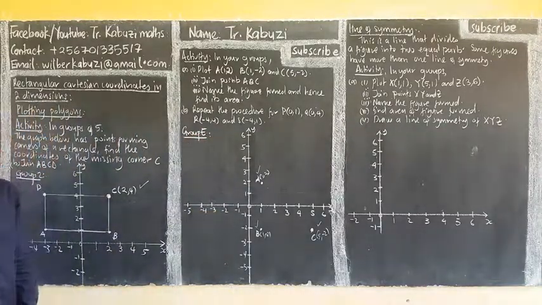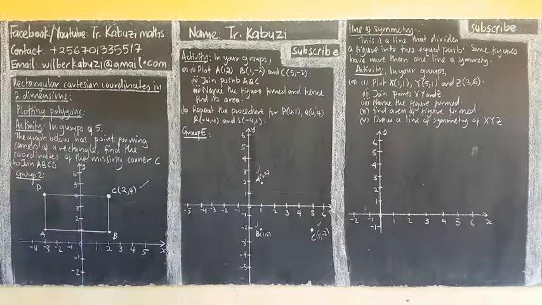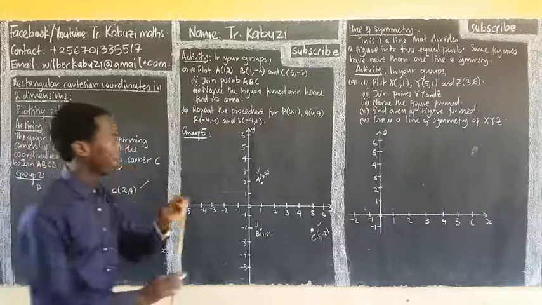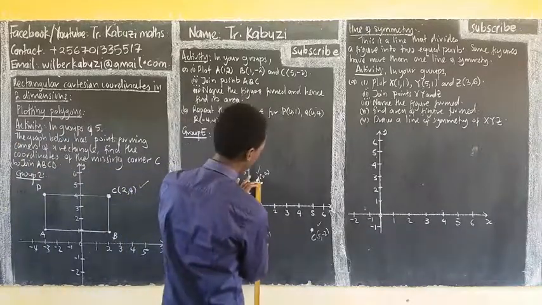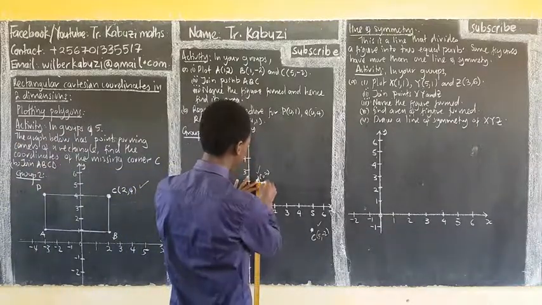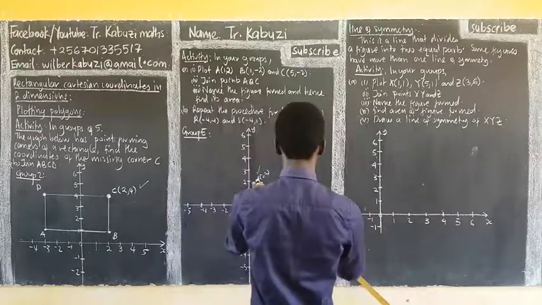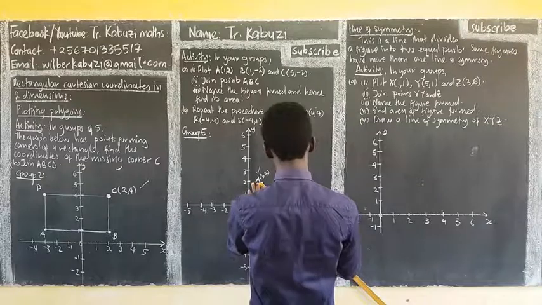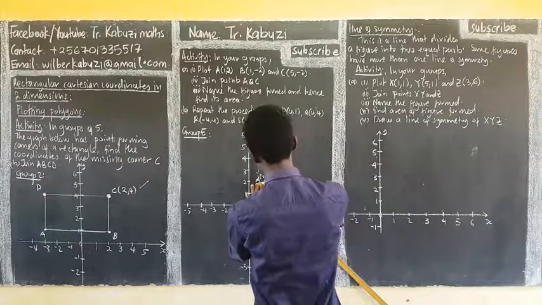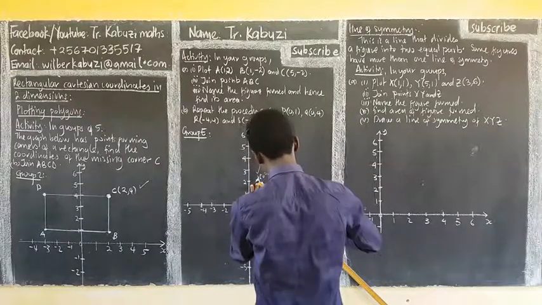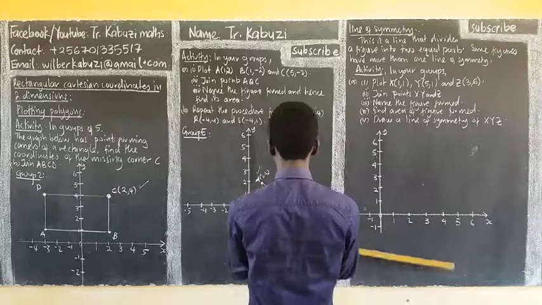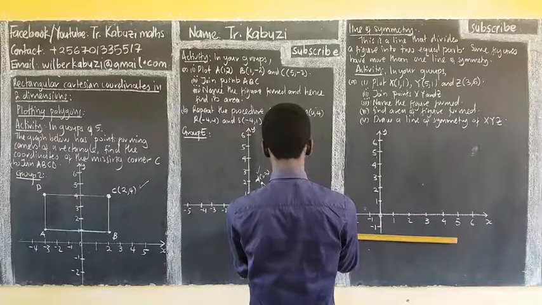Then after, join A, B, C. Of course, we join using a ruler. So you join this, then you join this to this, then you also join this to this.